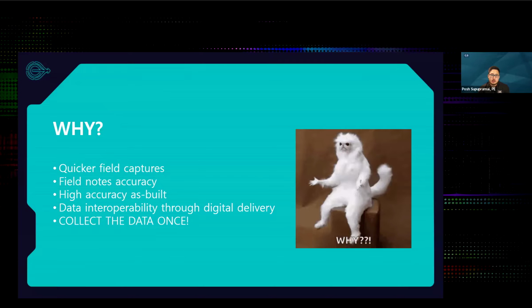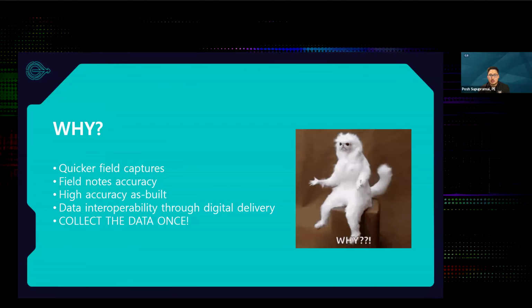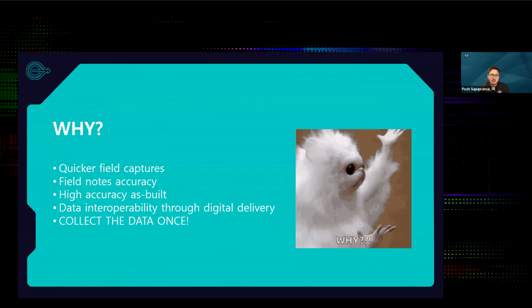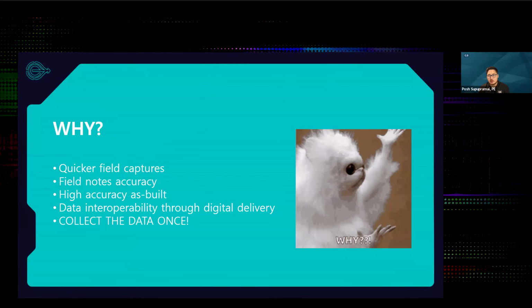But also with field notes, instead of you scribbling on your notepad real quick because you have to move quickly, you have sweat coming down because it's hot, and you get back in the office, everything is smudged and you can't read your own handwriting. You don't have to worry about that anymore because you're typing your notes as you go on the field.